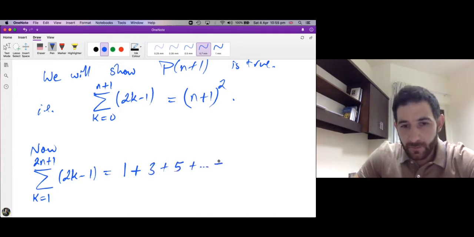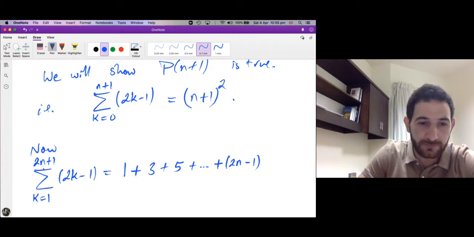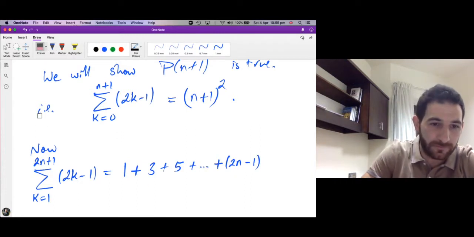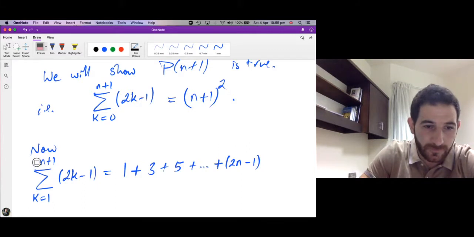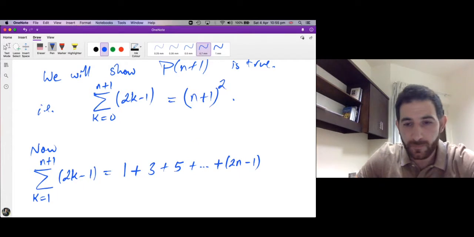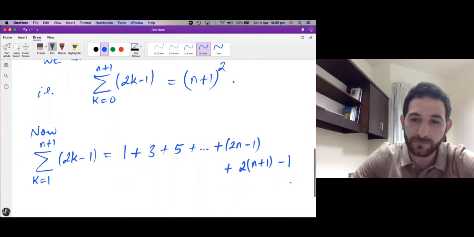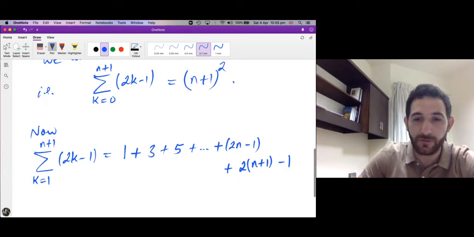And then when k is n, we get 2n minus 1, and finally the last step is when k is n plus 1, so 2 times n plus 1 minus 1. So what is the sum of all of this?